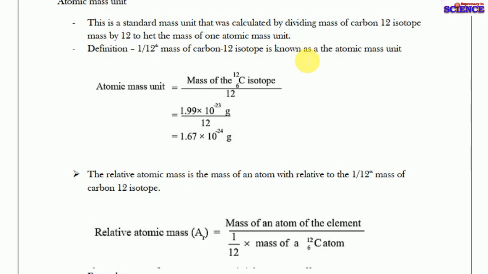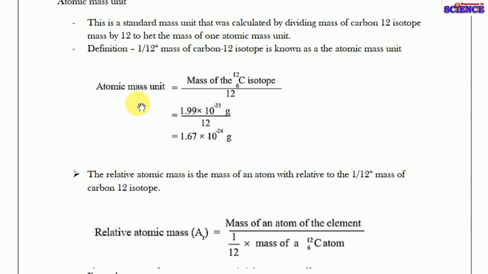Why? The electron mass is very tiny compared to the mass of the proton or the neutron. So the idea here is that we want to measure the mass of an atom in a different unit, not by kilogram. For that we need a particular scale.